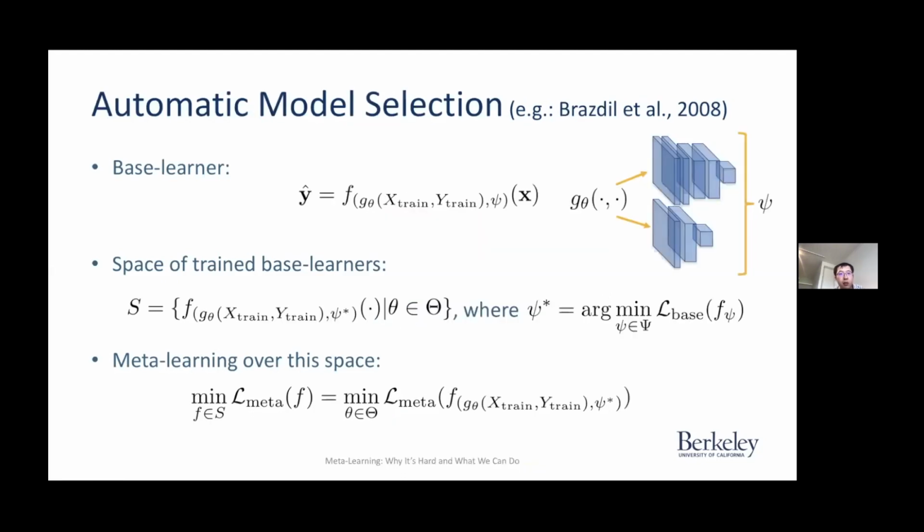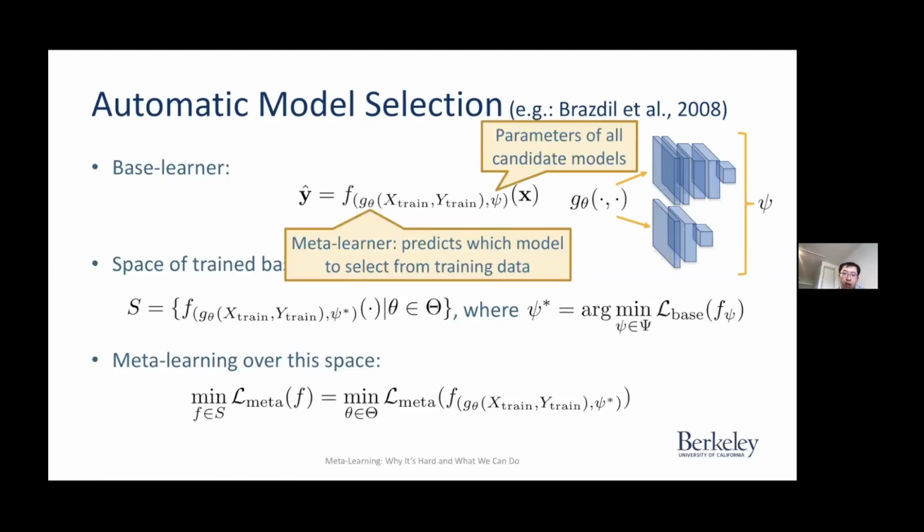Whereas in automatic model selection, you are trying to find a parametric model that predicts what you should use. So the meta learner here is going to just select the model that you want to select, and the psi here is going to be the parameters of all the candidate models.